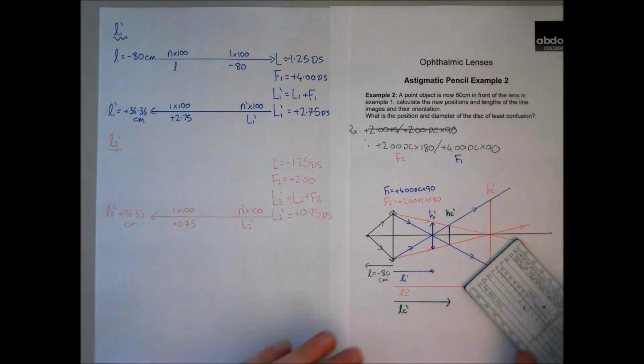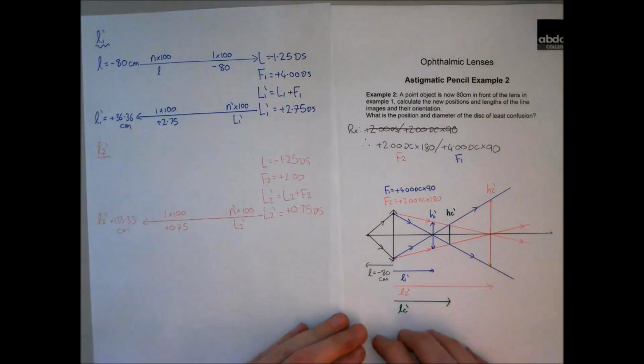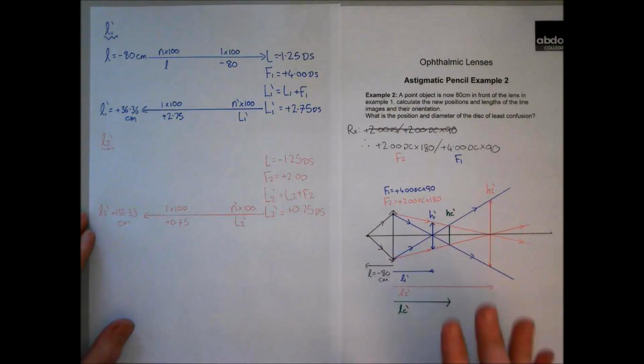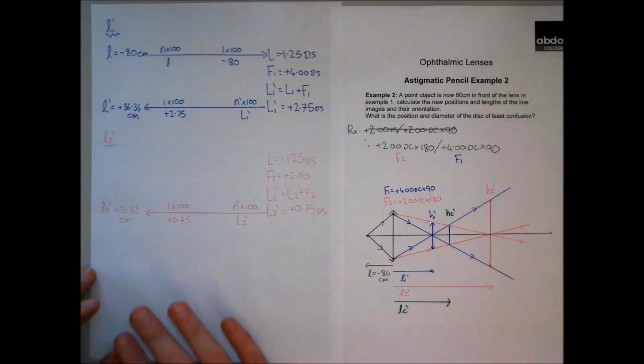And what we're going to do now is use the similar triangles formulae that you have in your lecture sheets, and we're going to find the sizes of these images.